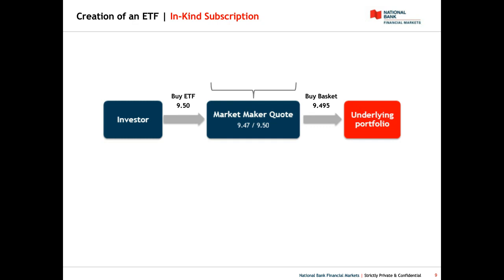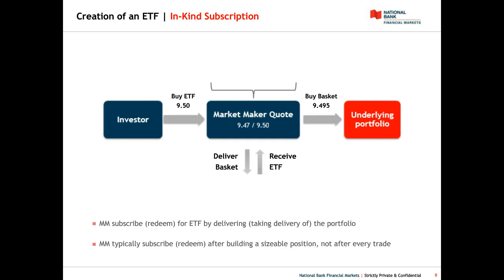And in a traditional in-kind subscription, which is the method for most index tracking ETFs, the market maker will submit a subscription order whereby they deliver the stock they bought in exchange for ETF units to cover their short. So this is the traditional structure. And note that the market maker is not always subscribing and redeeming for every single trade. It's only really when the market maker builds up a sizable position.